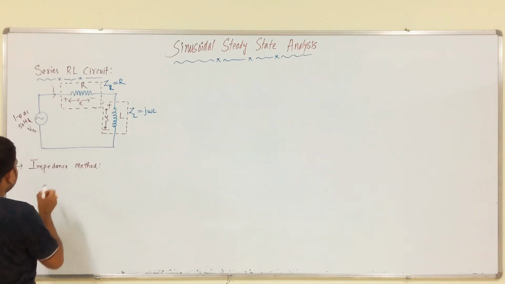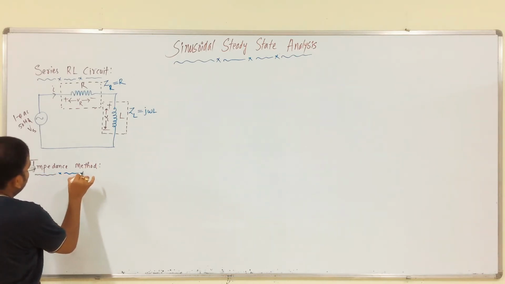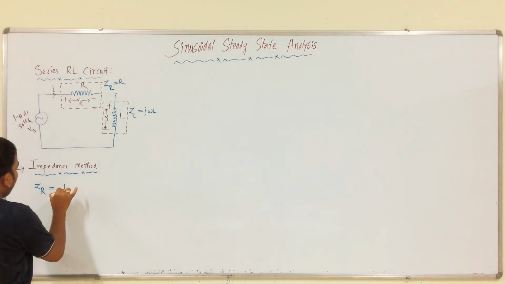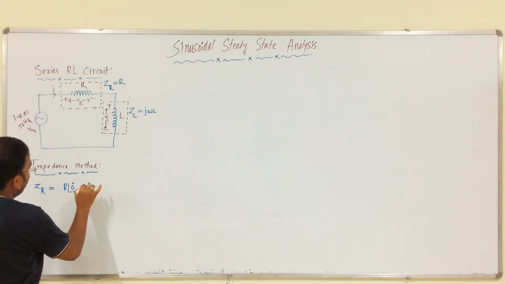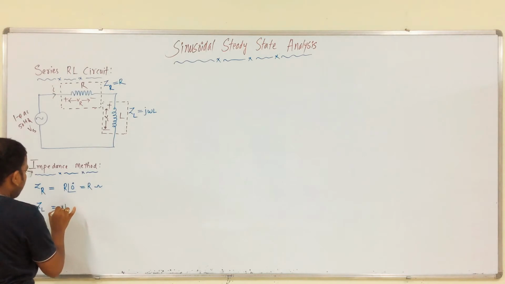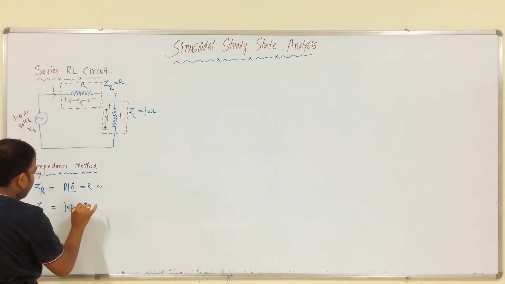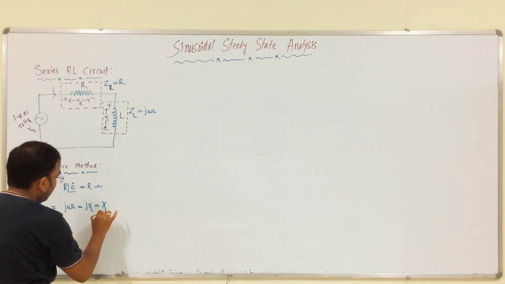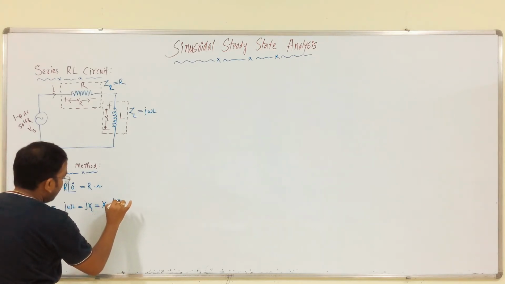Clear? Then what is the value of the impedance of resistance? That is nothing but R. The angle is what? At an angle 0, which is nothing but R ohms, clear. Like that, the inductive impedance ZL is nothing but J omega L, which is J XL, that is XL at an angle 90 degrees.